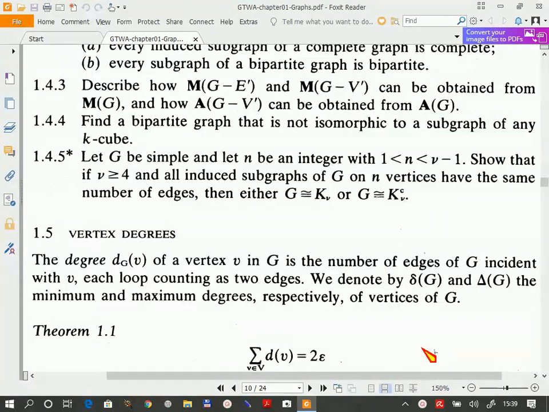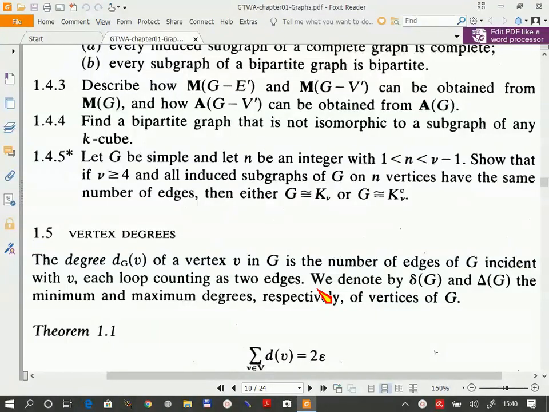Okay? All right. Now let's go to vertex degrees finally. The degree of the vertex V in G is the number of edges incident with V, each loop counting as two edges. That's why in the adjacency matrix the sum of each column is not the degree, because there a loop counts as one, whereas for the degree you count it as two.